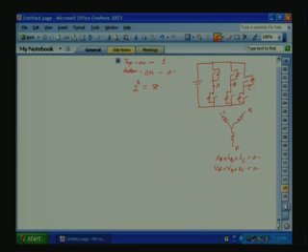Now, what are the states? Let us see. Using these 8 states, we have to generate the PWM waveform such that the average variation in the phase will be sinusoidal.